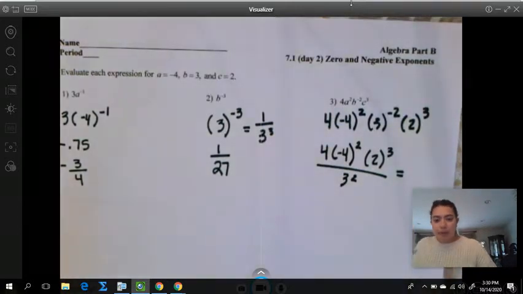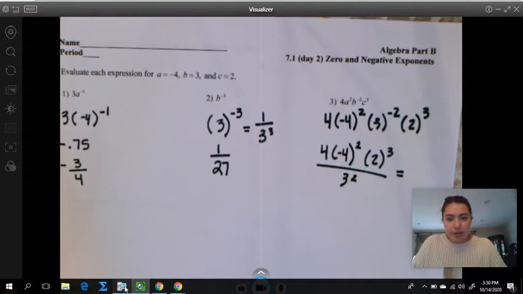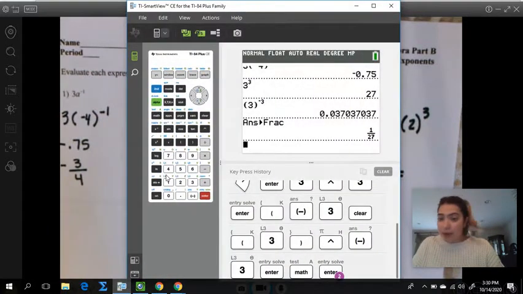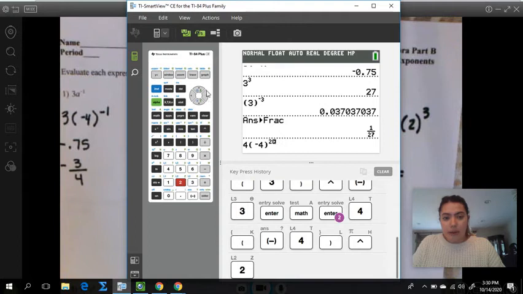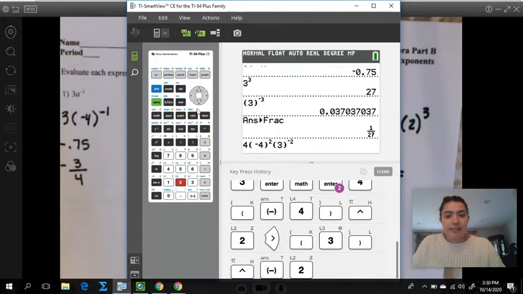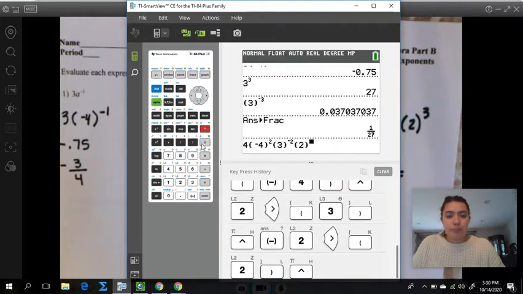So let's see what we get using our graphing calculator. It doesn't matter which problem you type in your calculator, so maybe we'll just type in the first one: 4 times -4 squared times 3 to the negative second power times 2 cubed.